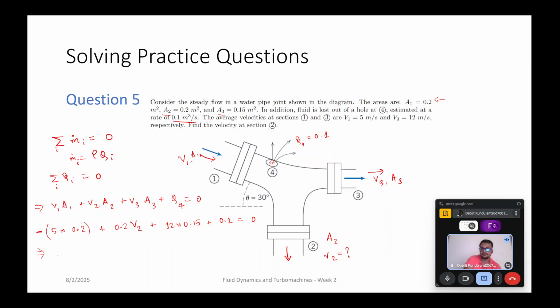So the first one is -1 plus 0.2 V2 plus 12 into 0.15.